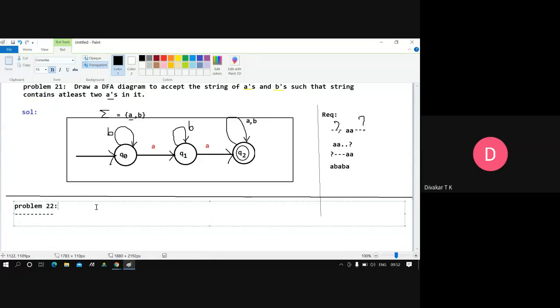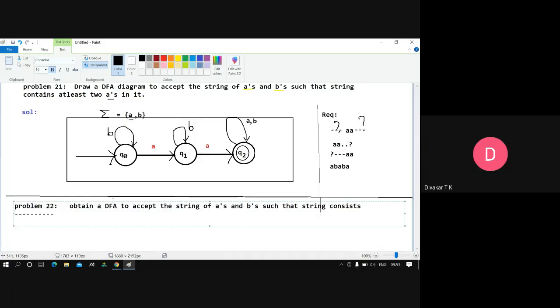Problem 22. In a similar way, obtain a DFA to accept the strings of A's and B's such that the string consists, which is also nothing but contains or substring.